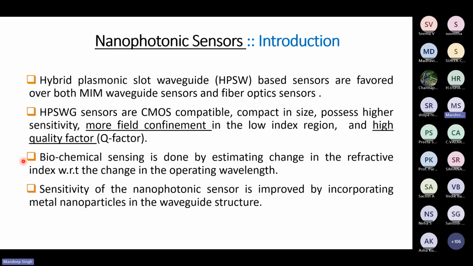Now let's see its operating principle. For any biochemical sensing, we have to estimate the change in the refractive index with respect to the change in the operating wavelength. With this estimation, we can analyze the sensing behavior. The next question is whether there is any way of improving the sensitivity.